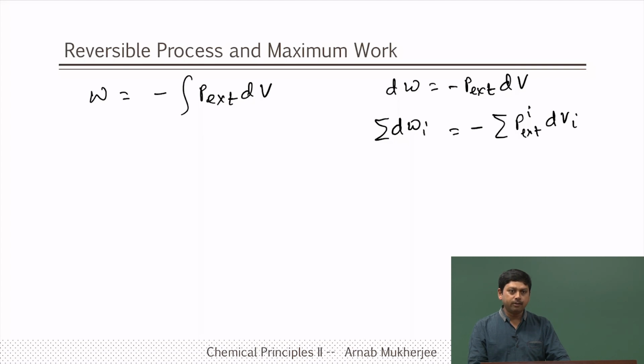Now, we know that whenever there are a discrete number of steps, we do a sum, and whenever there are infinite steps, we do an integration. So, essentially we change the pressure a little bit and let the system equilibrate. As I said, thermodynamics cannot deal with non-equilibrium systems.